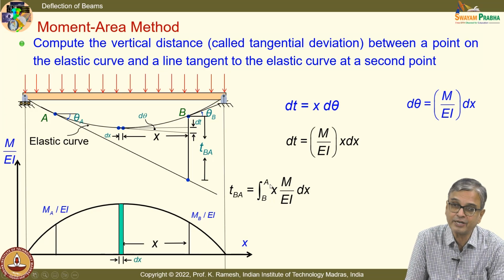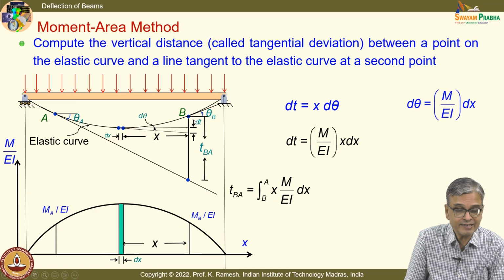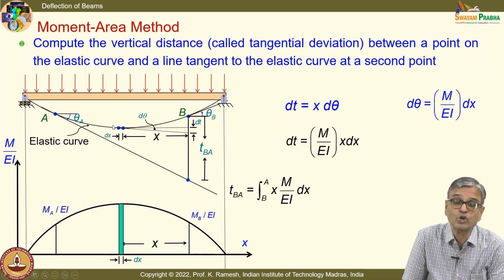Okay, I go from B to A, and I have already said B is the point on the elastic curve, and from A we have drawn the tangent, and we have defined the tangential deviation as TBA. The first symbol denotes the point on the elastic curve, second symbol denotes the point on which you have drawn the slope.